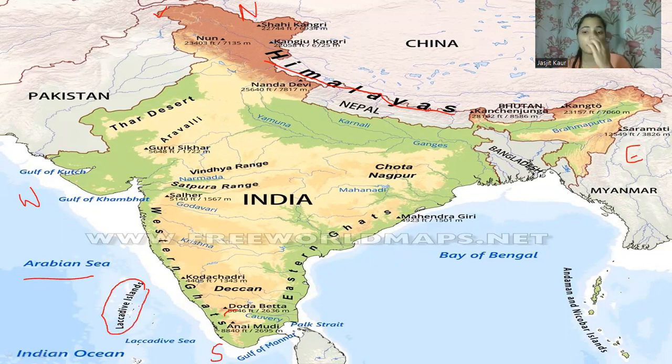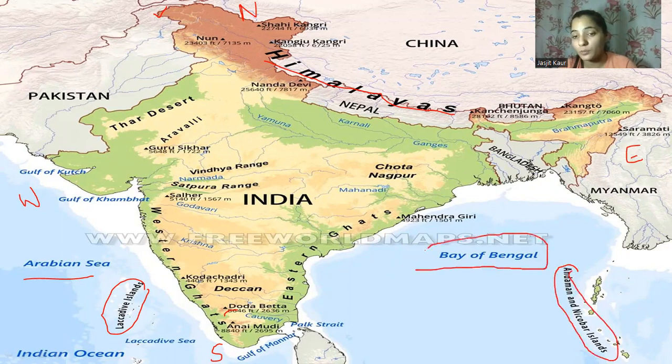Now tell me in which ocean or in which sea the Andaman Nicobar Island is located. Yes, here we have the Andaman Nicobar Island. It is located in the Bay of Bengal. You have to remember this. These are the different features that we can see on this map.